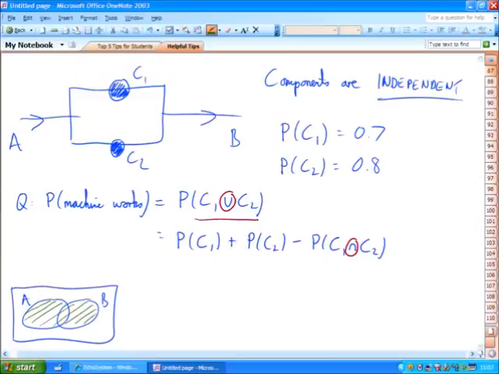Therefore the probability of A union B is going to be the probability of A plus the probability of B minus the probability of the intersect, A intersect B. And why is that the case?